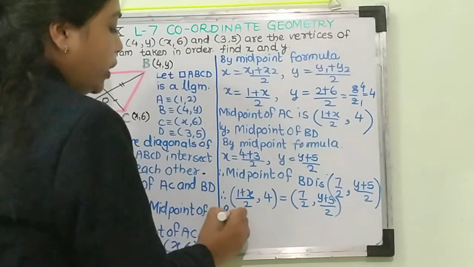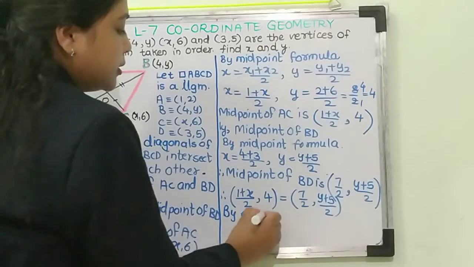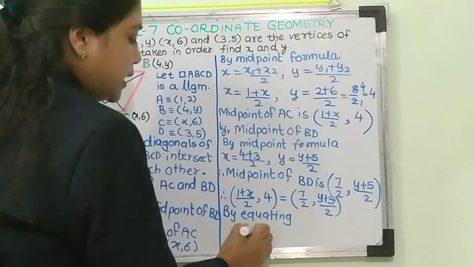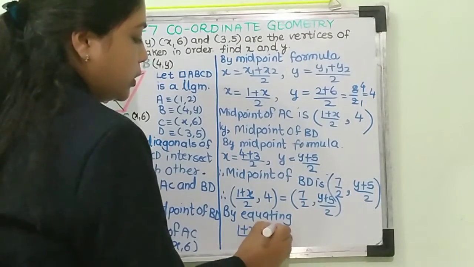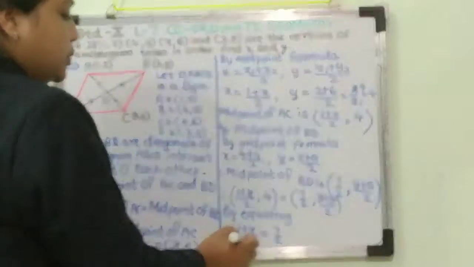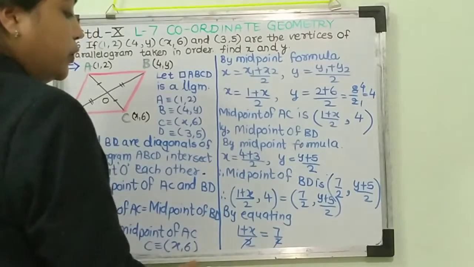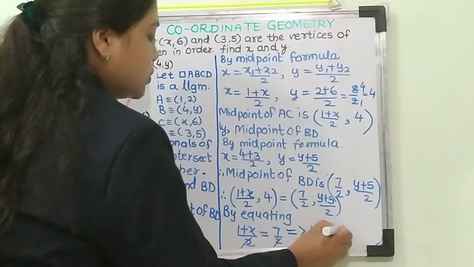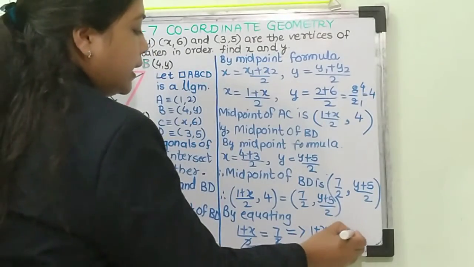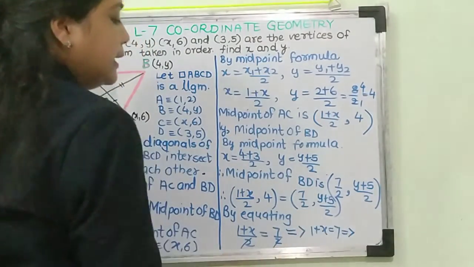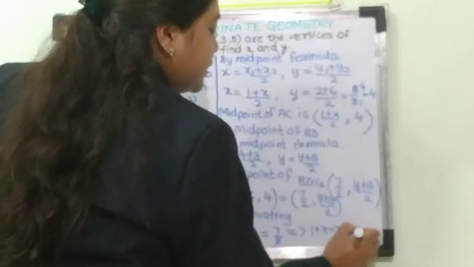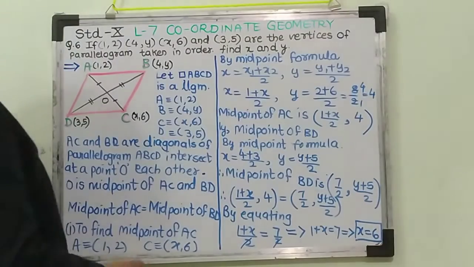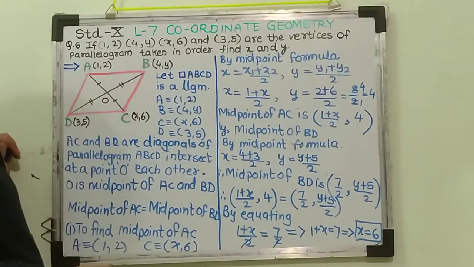So by equating, we get 1 plus x upon 2 equals 7 upon 2. So here the denominator we can remove, which implies that 1 plus x equals 7, and 1 goes to this side, it becomes minus, and x equals 7 minus 1, that is x equals 6.